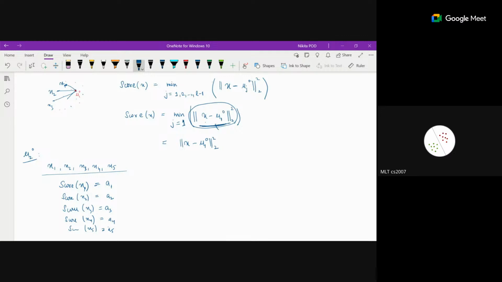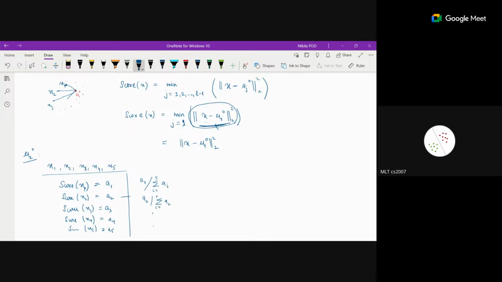Now you will have a probability distribution associated with each of these data points. For the first data point, the probability will be a1 divided by the sum of these ai's, i varying from 1 to 5. For x2, you will have a2 divided by the same sum, and so on.